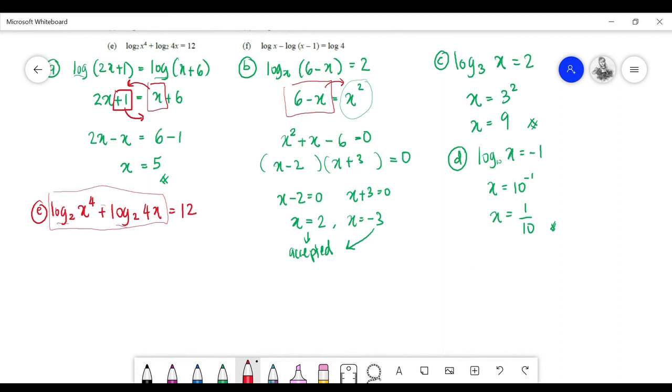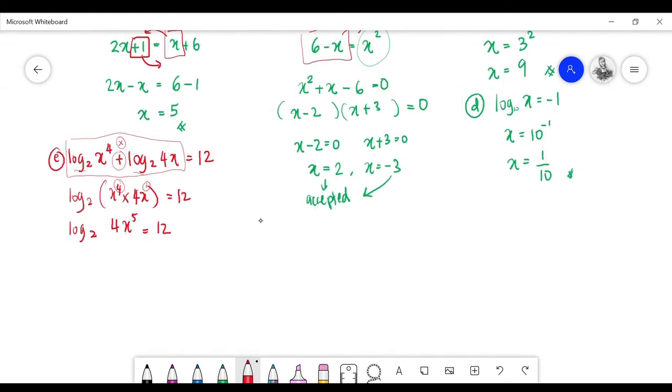With addition, the arguments can be multiplied. So combine, logarithm with base 2, x to the power of 4 times 4x will be equal to 12. So 4x times x to the power of 4, then you will get 4x to the power of 5, because the power 4 plus 1 here, this one is 1, so it will be equal to 12.